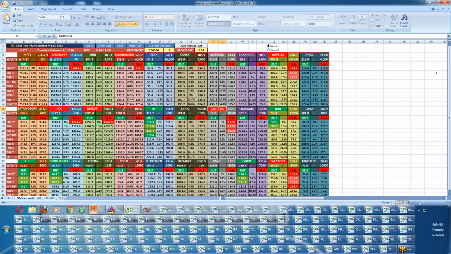In place of GMR, we'll add Aurobindo Pharma. IDBI, let's have Ambuja Cement. Cipla we already have there, so we'll have Tata Motors here.